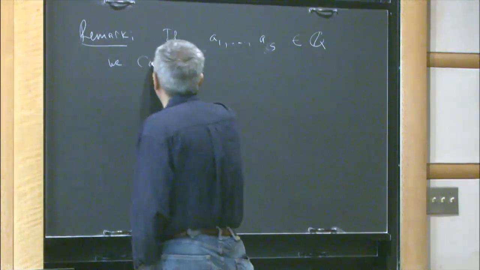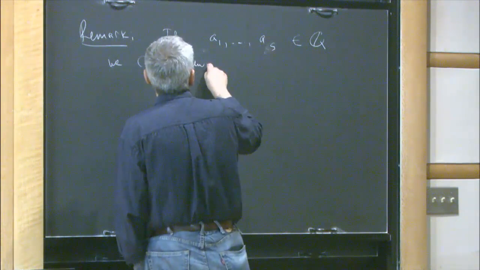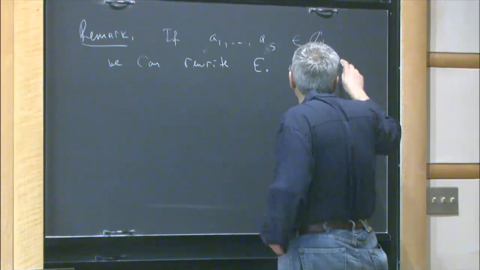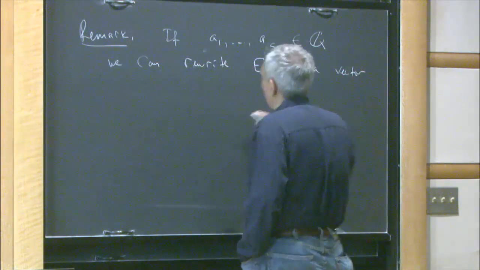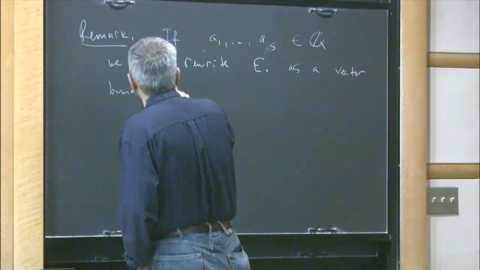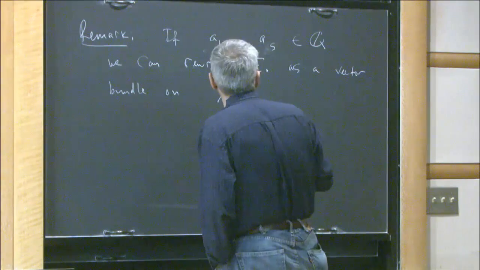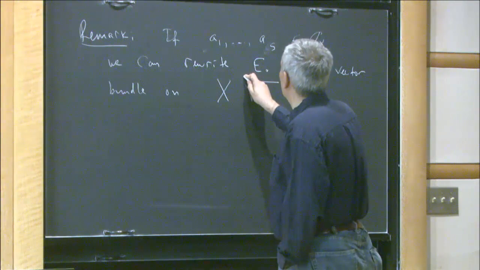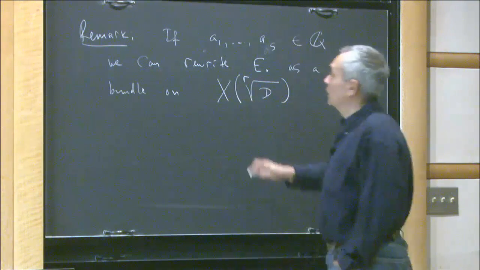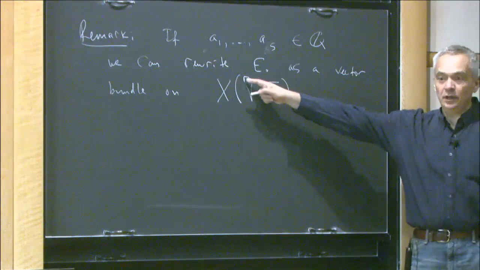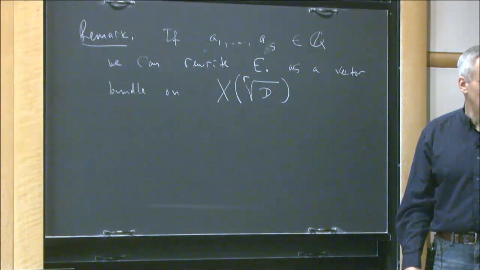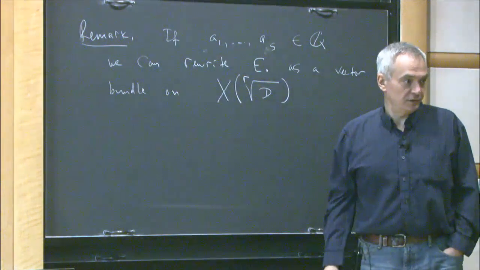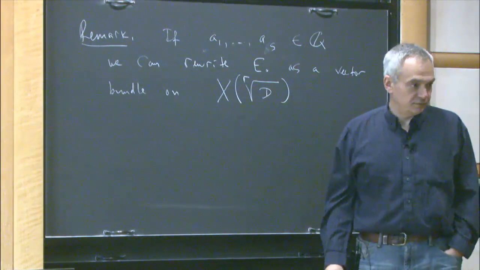So we can rewrite this parabolic guy as just a vector bundle, nothing parabolic, on X with orbifold structure on D, which is a Z mod R orbifold structure, where R is the common denominator of these rational numbers.